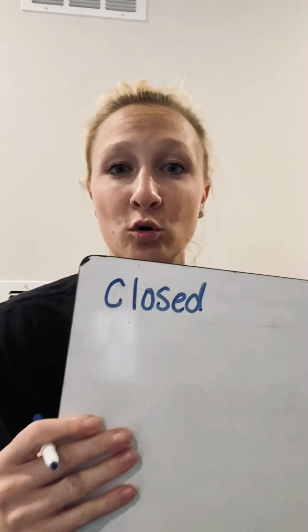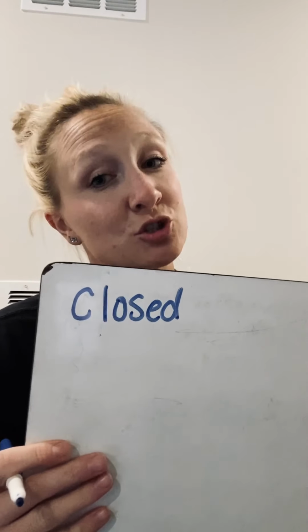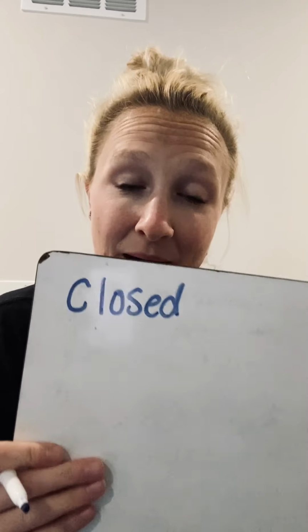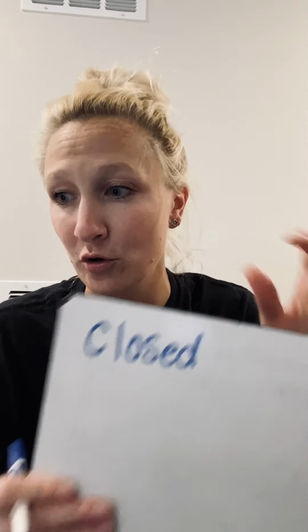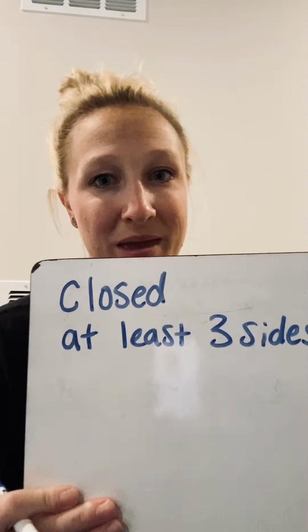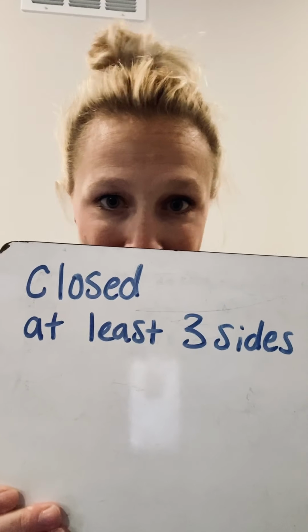The first thing is they must be closed shapes. I will show you what that means, but basically that means the shape doesn't have a side that is open. They all are closed. They need to have at least 3 sides, which would make sense because you cannot make a shape with 2 sides.